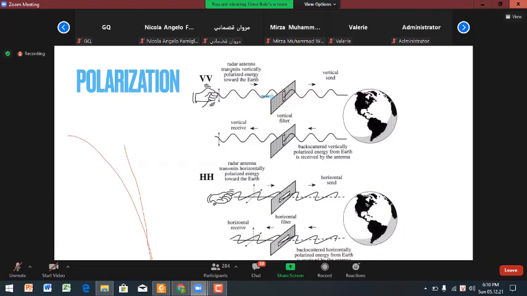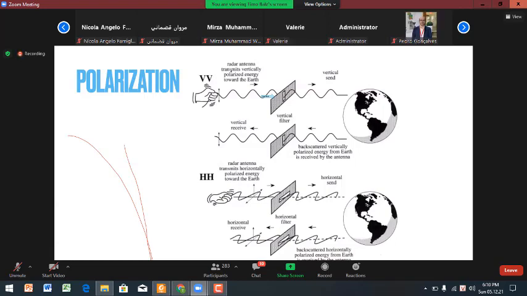We filter again, letting only the vertically polarized signals through, or the horizontally polarized filter. Now we can send vertical, receive vertical, send horizontal, receive horizontal, and we can also send vertical and receive horizontal, or the other way around.